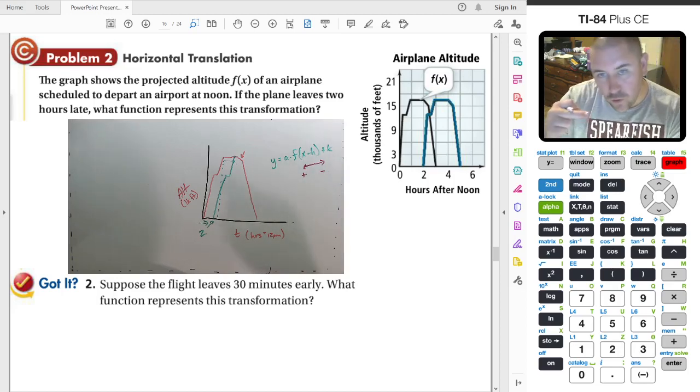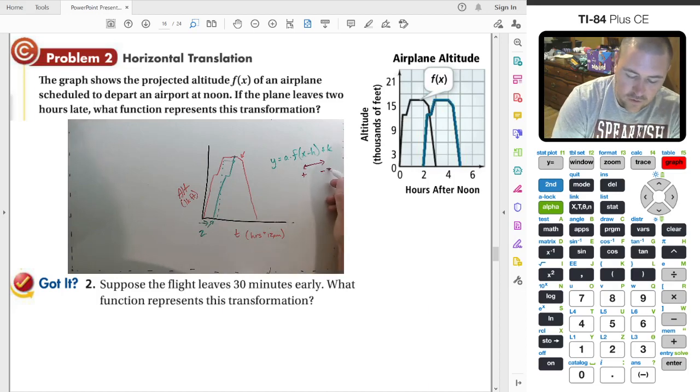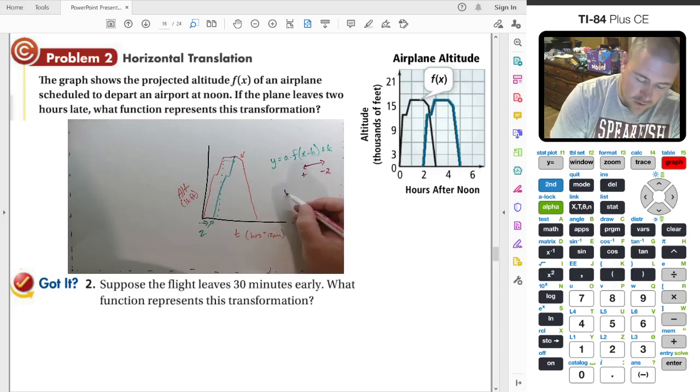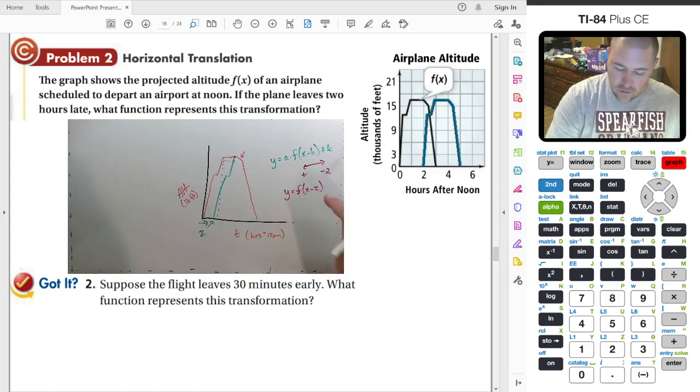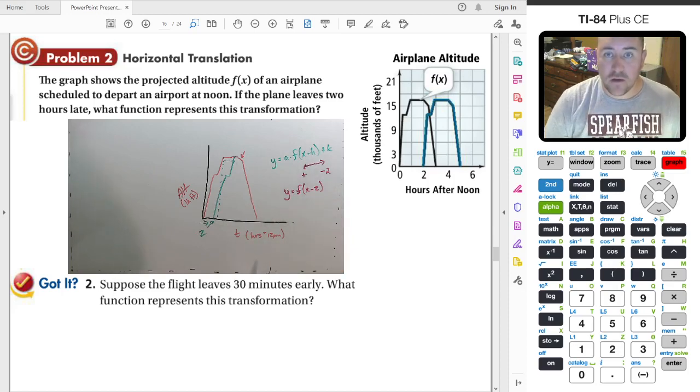If I'm going 2 to the right, then I'm going to minus 2. I will literally just have y equals f of x minus 2. 2 to the right, put a minus 2 in bass-backwards land, grouped in with the x. Okay? So, down below, it says, suppose the flight leaves 30 minutes early.